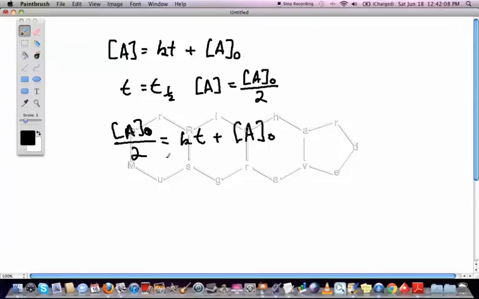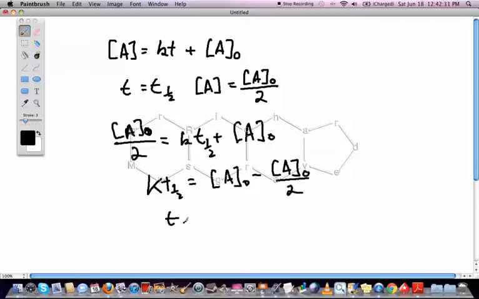Now what I'm going to do is isolate t half here. Now I'm going to isolate everything, and it would be k t half equals [A]0 minus [A]0 over 2.